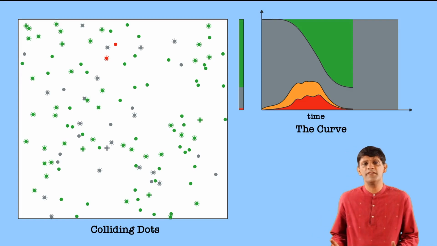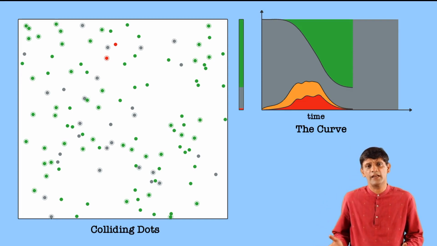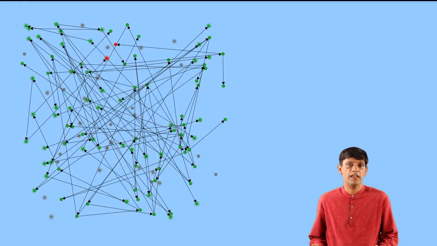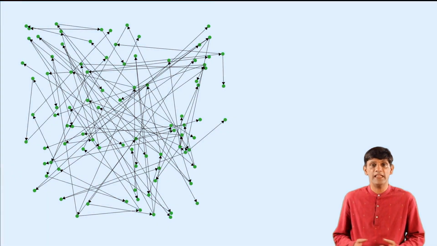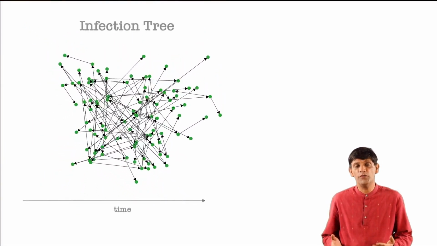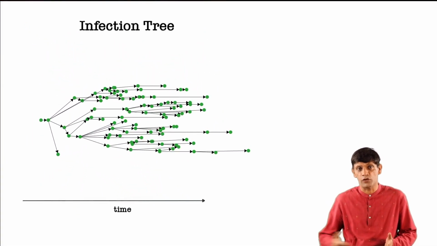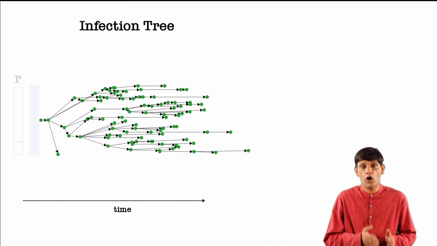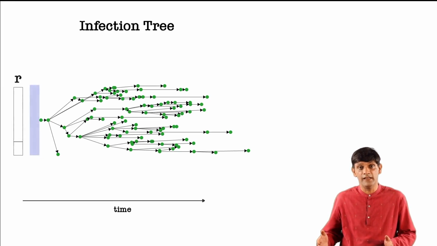So when 50% of people behave socially responsibly, you can just look at the curve and see that it's flatter. It's interesting to look at the infection tree in this case. And what we realize is that this tree is longer and thinner. That means it takes longer for people to get infected.